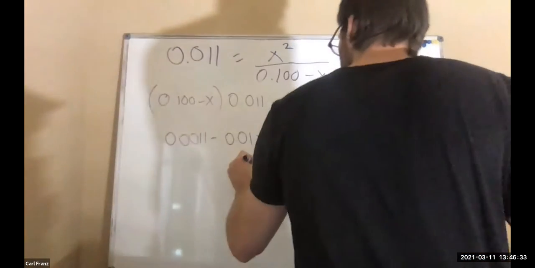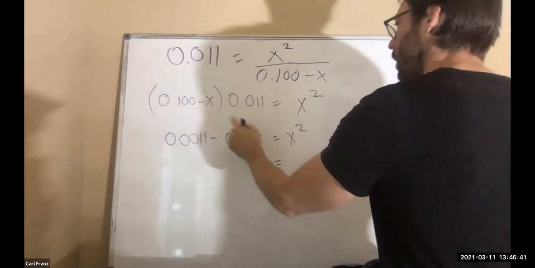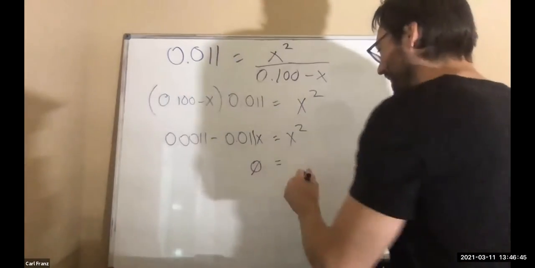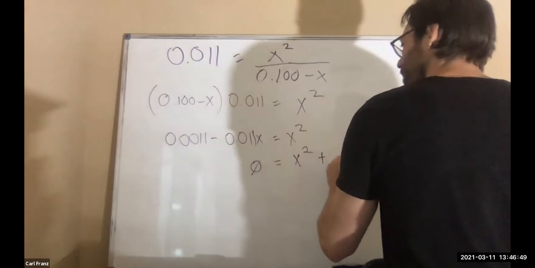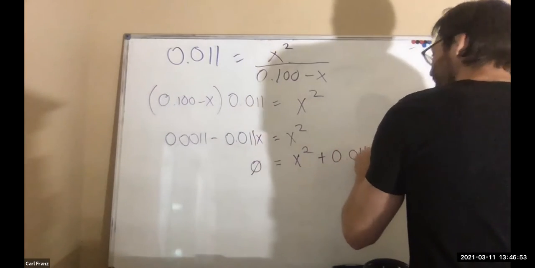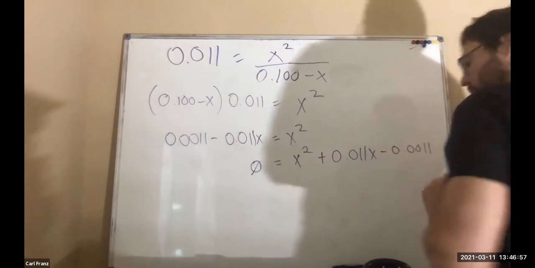Sorry, I think I could be wrong. I think you're missing a 1 next to the x. Is that right? Oh, yes. Thank you, autocorrect. So x squared plus 0.011x minus 0.0011.